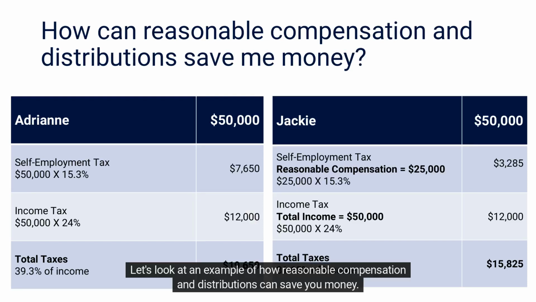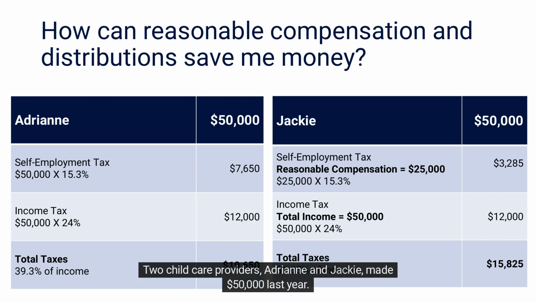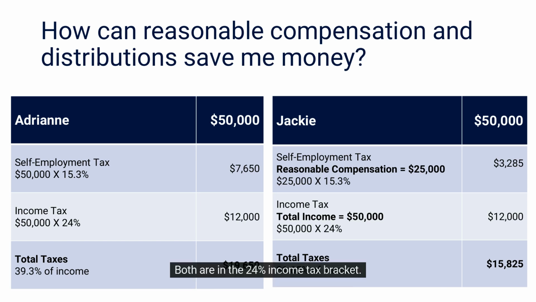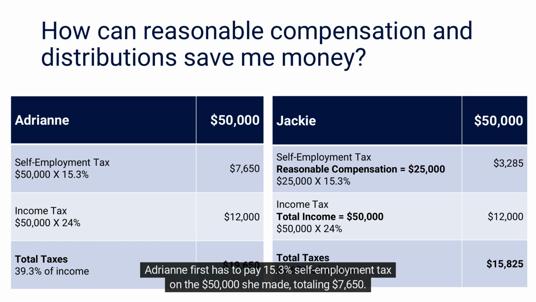Let's look at an example of how reasonable compensation and distributions can save you money. Two childcare providers, Adrienne and Jackie, made $50,000 last year. Adrienne has a sole proprietorship and Jackie has an LLC treated as an S corporation. Both are in the 24% income tax bracket. Adrienne first has to pay 15.3% self-employment tax on the $50,000 she made, totaling $7,650.